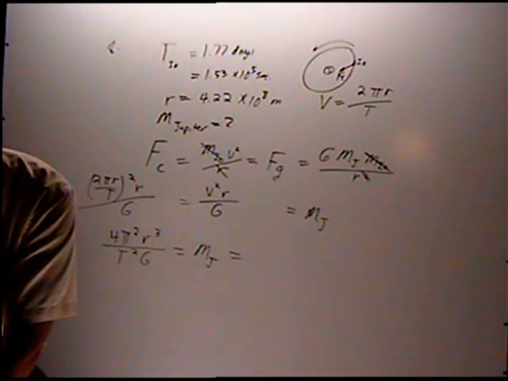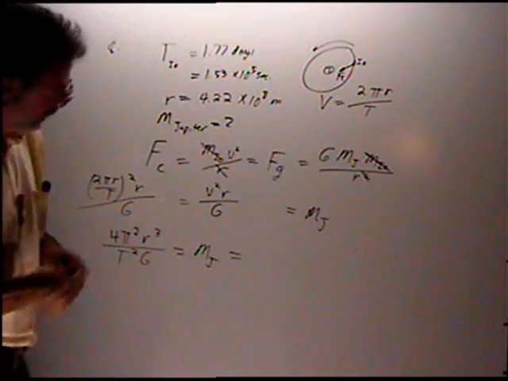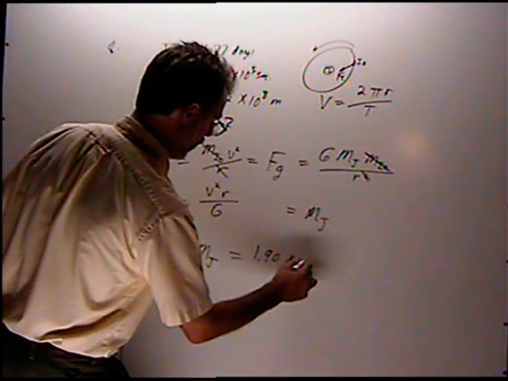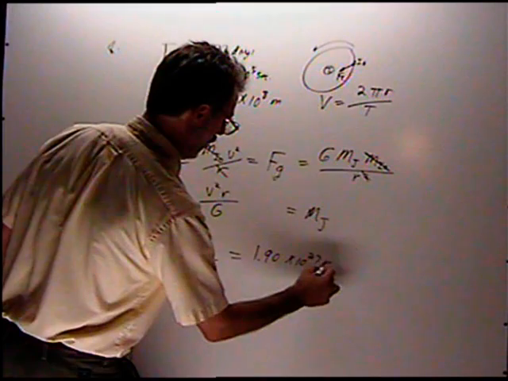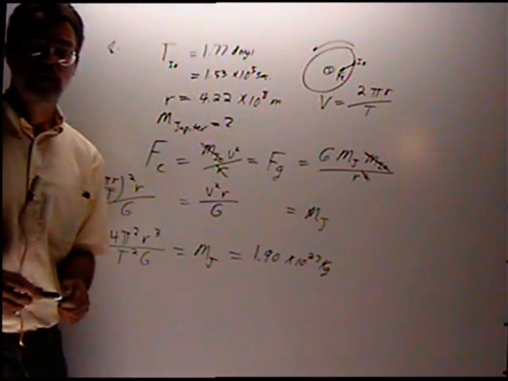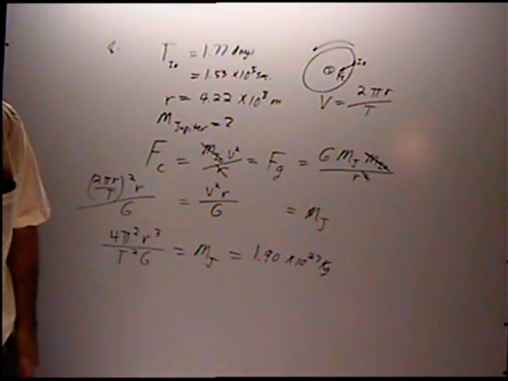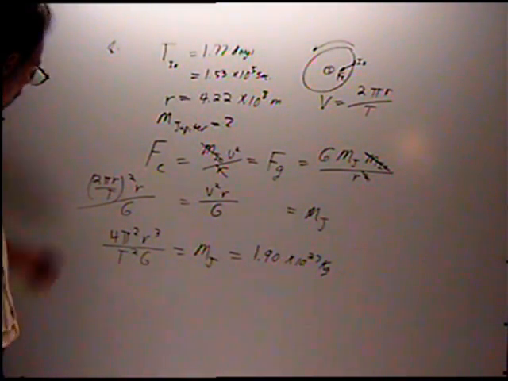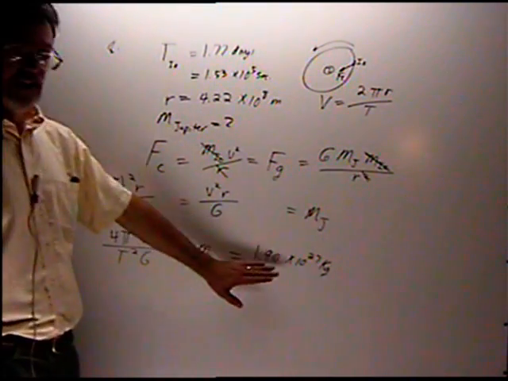According to the front of the book, the mass of Jupiter is 1.90 times 10 to the 27 kilograms. That's according to the front of the book. So you can see if you plug this in, if in fact that's actually what you get.